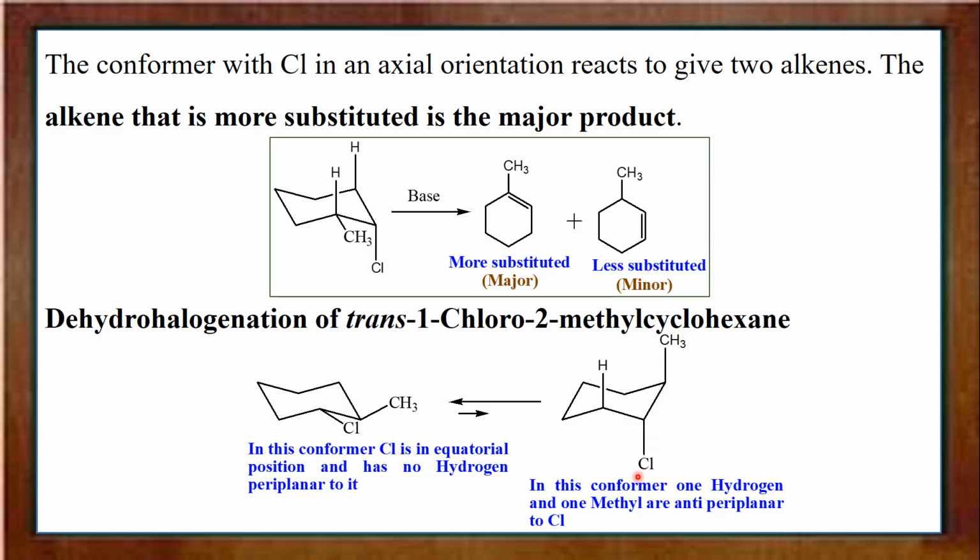Both will experience 1,3 diaxial repulsion, but anyhow, E2 elimination is possible only from this conformation. And in this conformer, there is only one beta hydrogen on this side available for E2 elimination. It is anti-periplanar with this chlorine. Therefore, this reaction will result in the formation of only one product in which the double bond is oriented here.